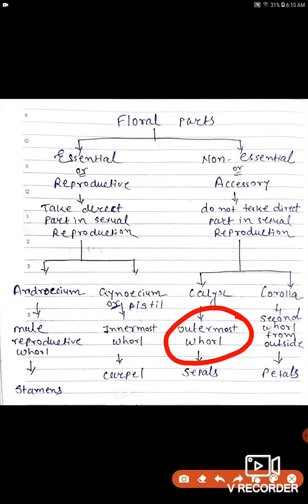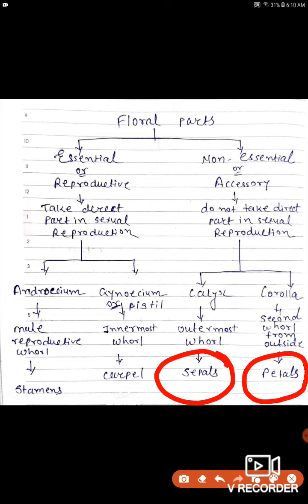These are the units of these whorls. Sepals are a unit of calyx, petals are a unit of corolla, stamens are a unit of androecium, and carpel is a unit of gynoecium.